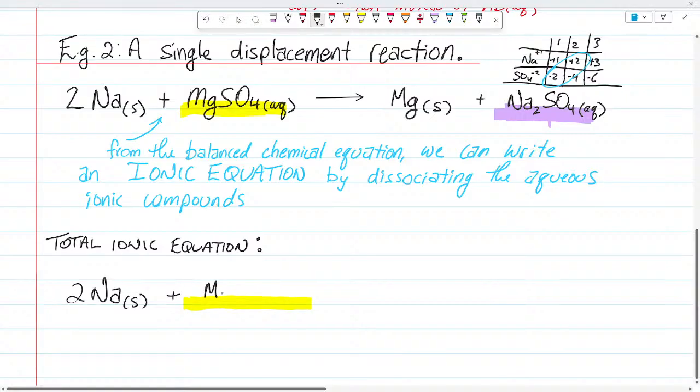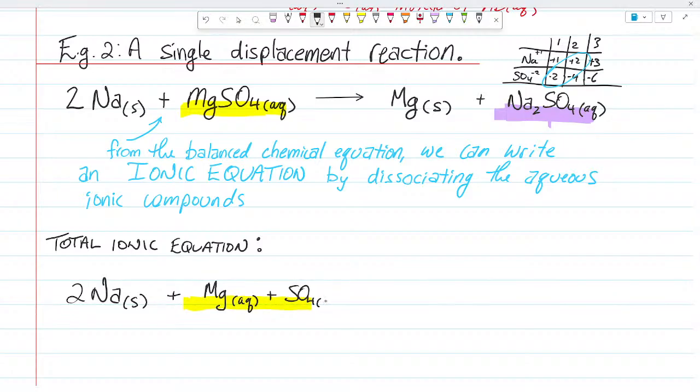Well, we actually get magnesium ions that are dissolved, and we get sulfate ions, which are dissolved. What charge do the magnesium ions take? Great. So these are Mg2+. And what charge do the sulfate ions take? -2. Good. This is the dissociated, or the dissolved.